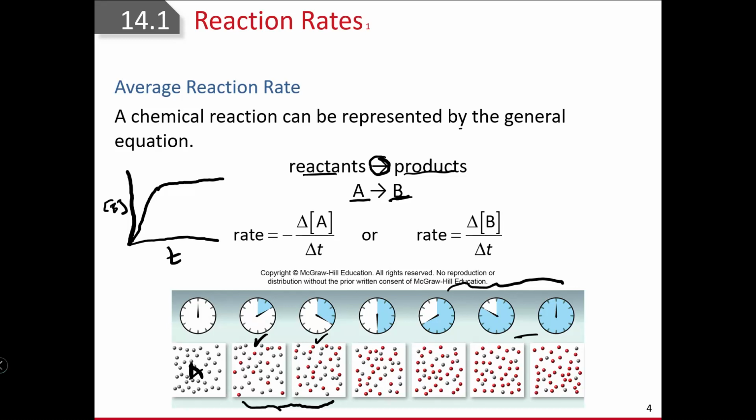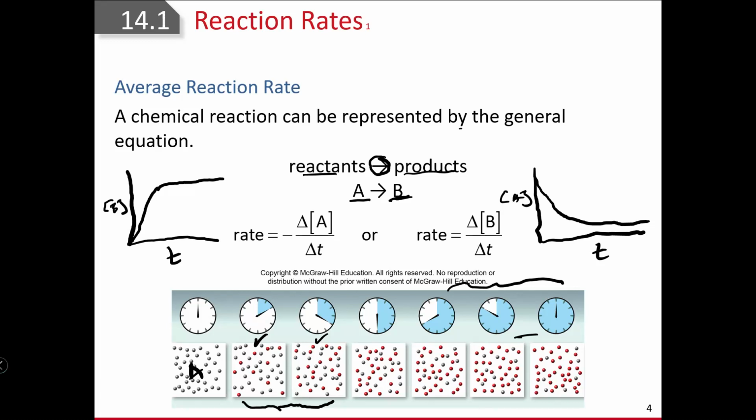If I plot A, the concentration of A versus time, what would that look like? Well, it starts out at a high concentration. It rapidly decreases in concentration, and it flattens out like so at a lower concentration.